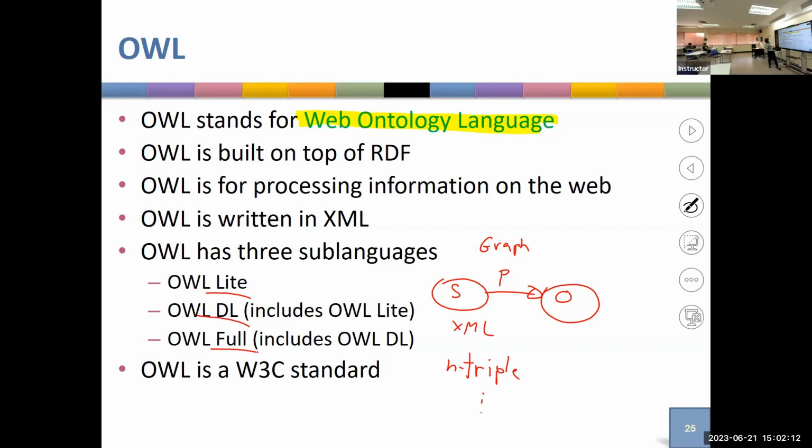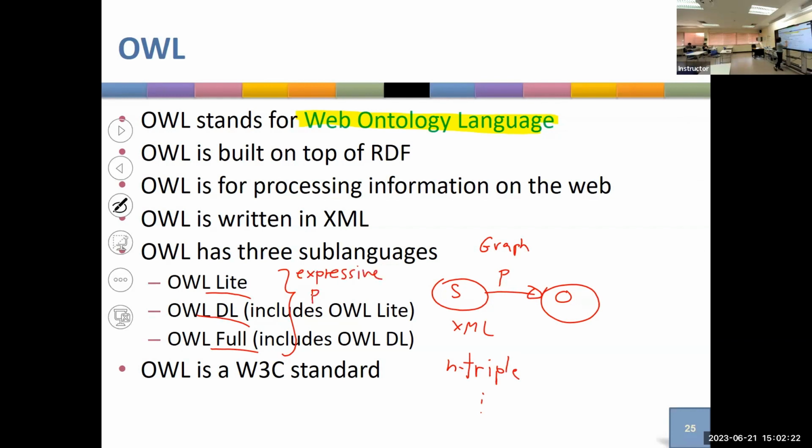Like DL, full. Each of them has differences in terms of expressive power. What does it mean? A language that has more expressive power, is it better? What does it mean by expressive power?